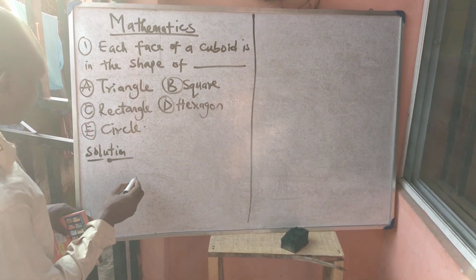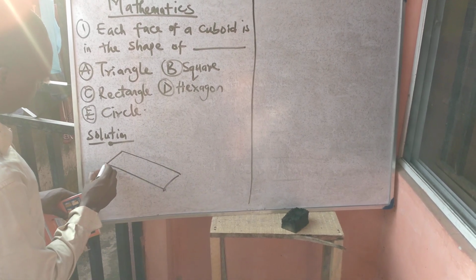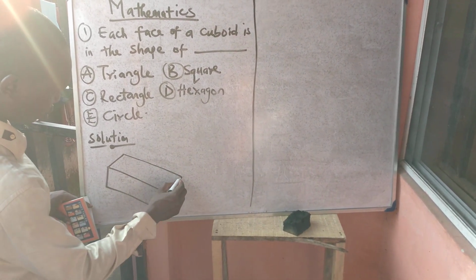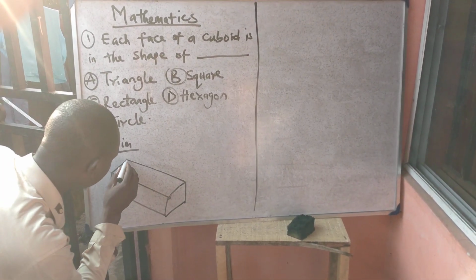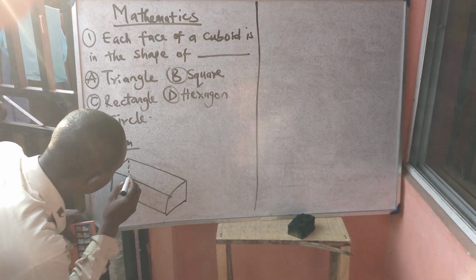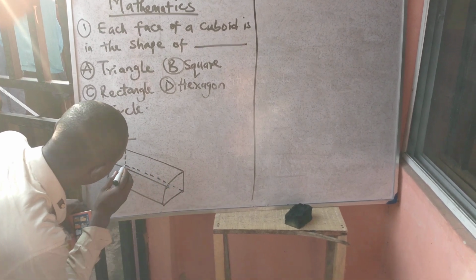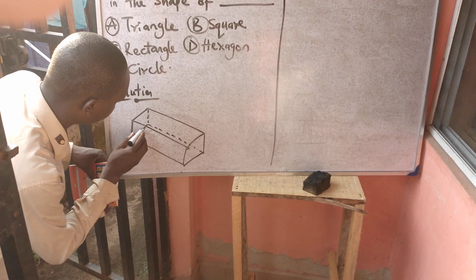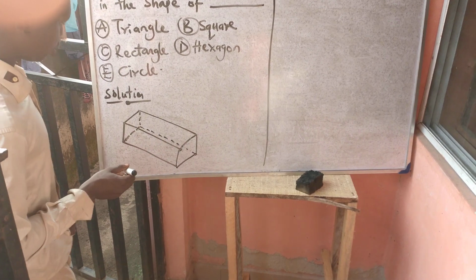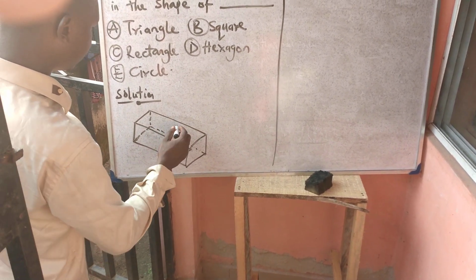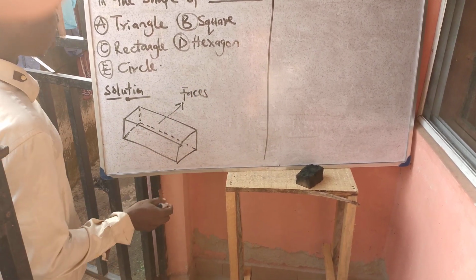This is the diagram of a cuboid. You find out that it has 6 rectangular faces.